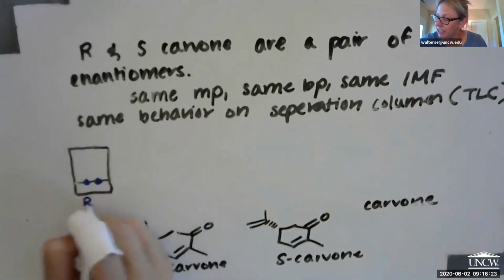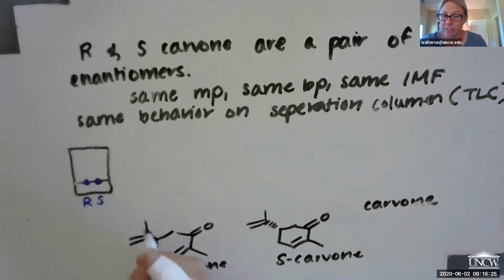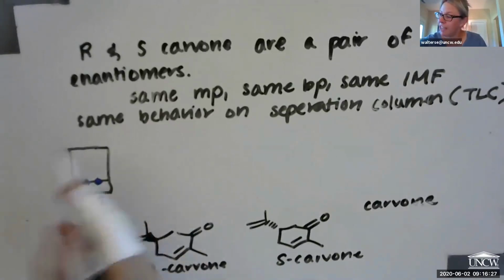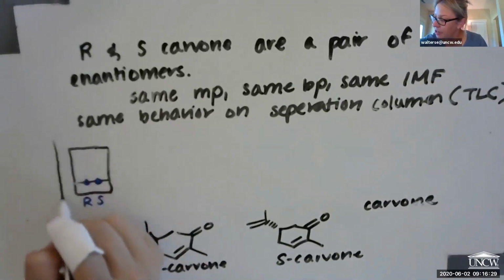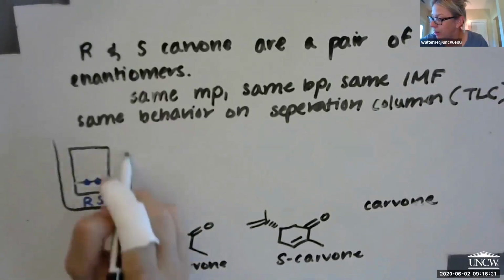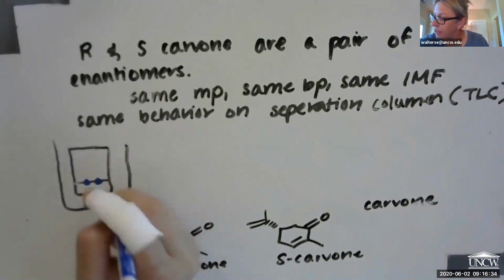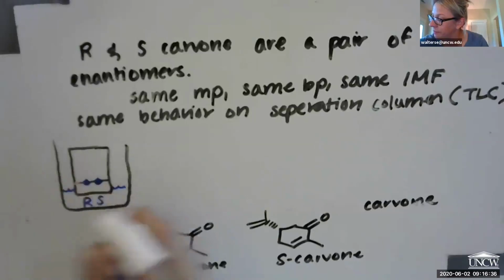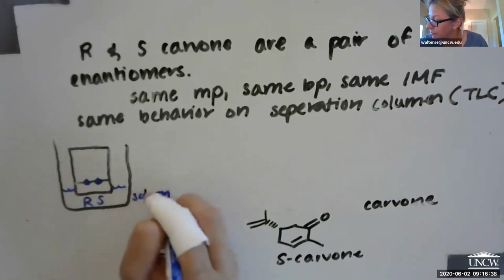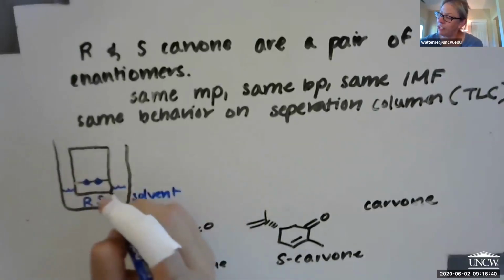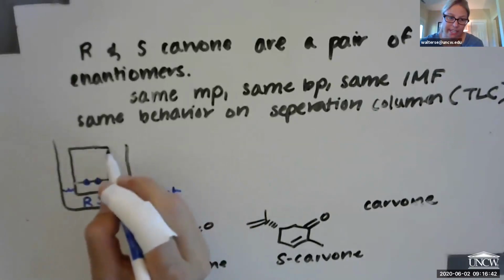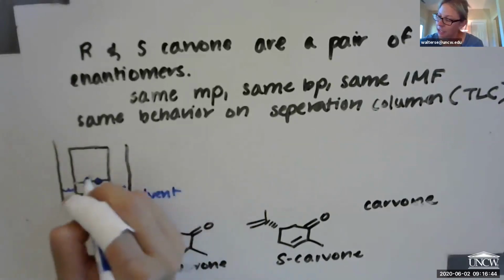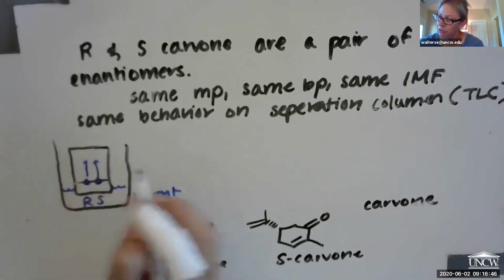So let's say this is R carvone and this is S carvone. And you take this thin layer chromatography and you put it into a beaker, and the beaker has solvent in it. Okay, and the solvent is going to climb the TLC plate, and it's going to move these molecules.